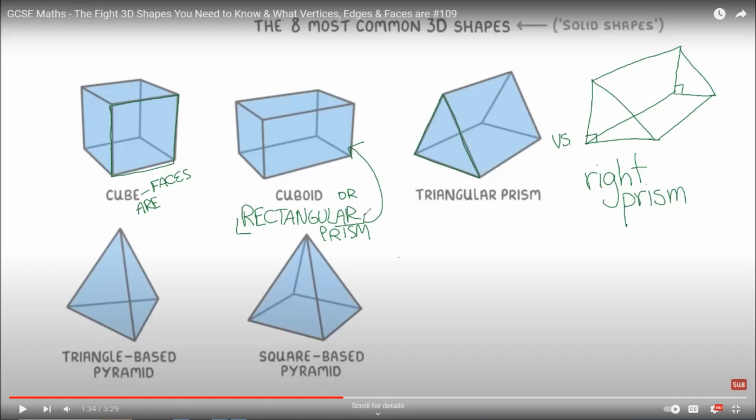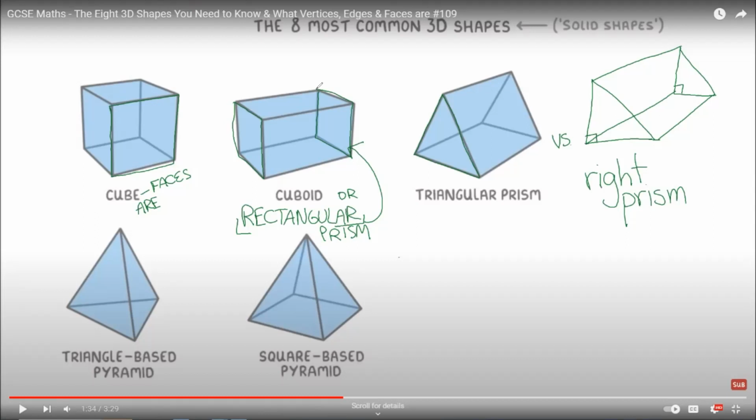So with a rectangular prism, I've taken 2 rectangles and connected them with edges. And with a triangular prism, my bases are now triangles with these edges. A triangular prism looks like a triangle-shaped crystal, like prisms you use for bending light and focusing light through them. And so a right prism is a triangular prism, it's just that special one.